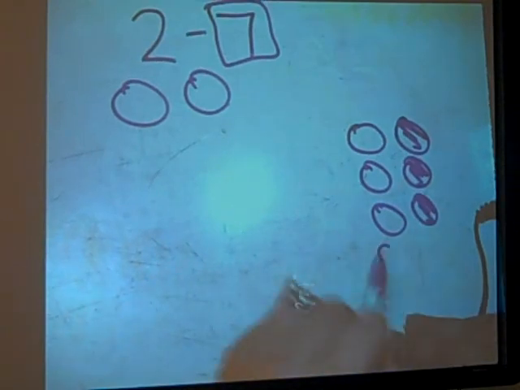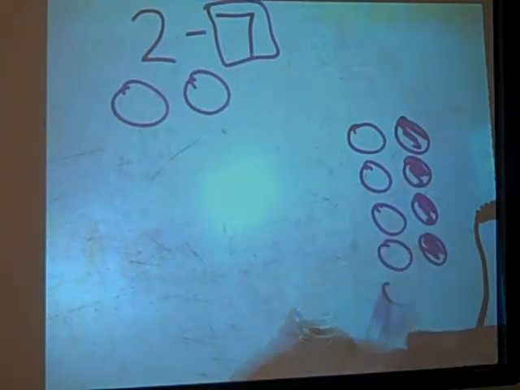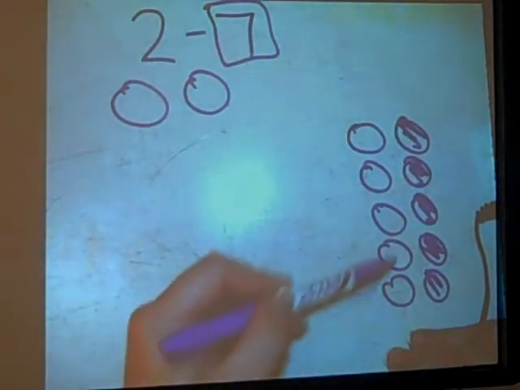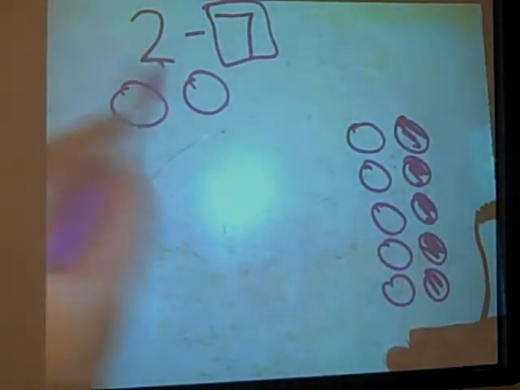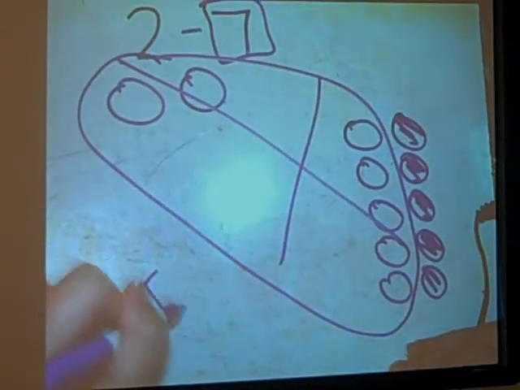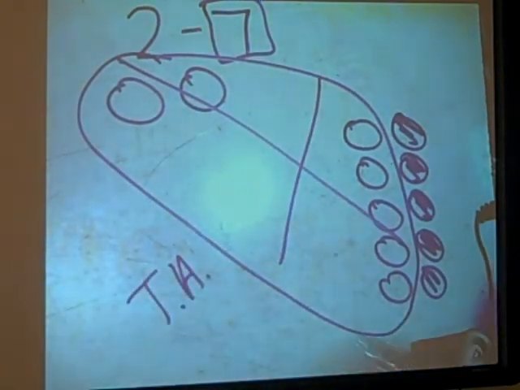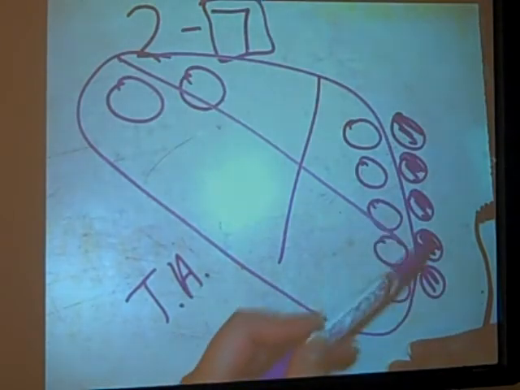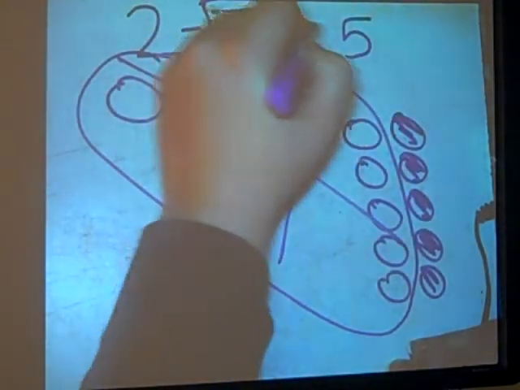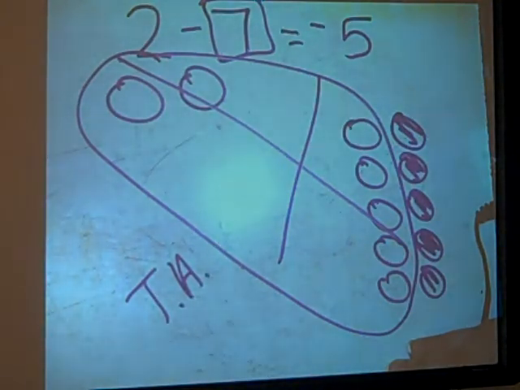So that's 3, 4, 5. And it tells me to take away 7. So 1, 2, 3, 4, 5, 6, 7 for me to take away. And I see how many remain. I see 1, 2, 3, 4, 5. They are shaded in. So my solution should be -5.